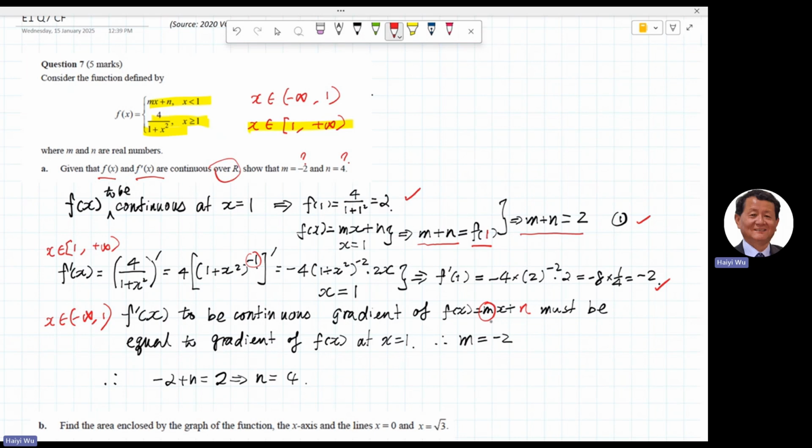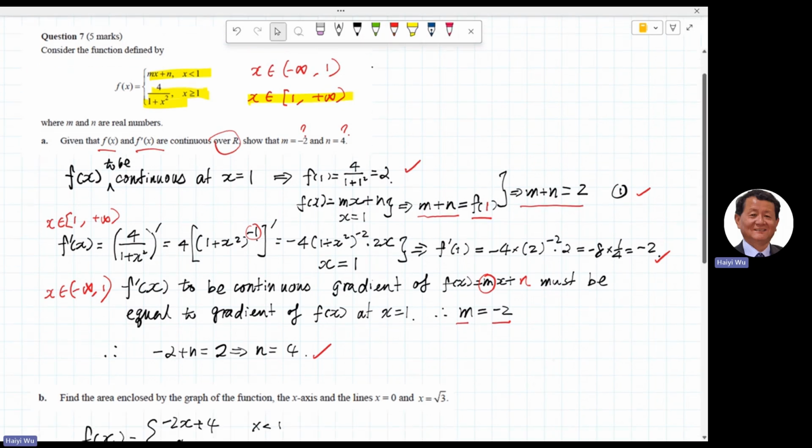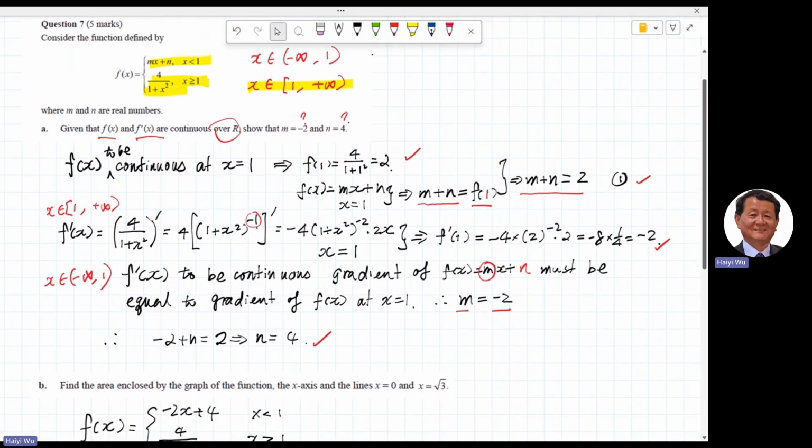So the m must be equal to -2. If m equals -2, we substitute into equation number 1, so we have n is +4. So we confirm that's the case. This is a pretty interesting question: we have two different domains, and we do two different differentiations.